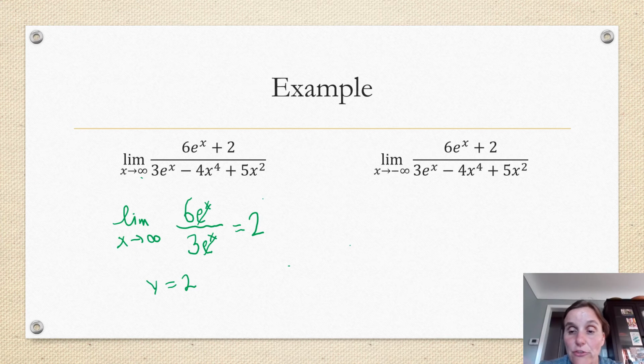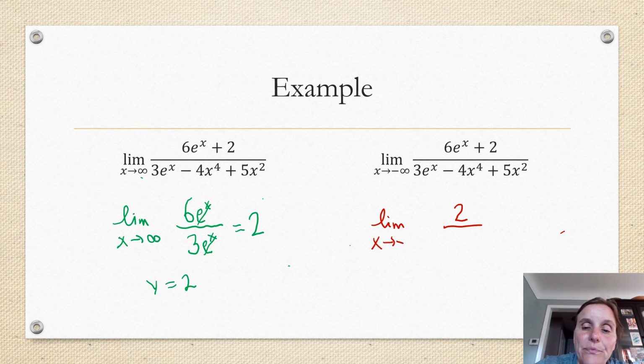Now I look at the other direction, so now x is going to negative infinity, and e to the x has almost zero impact on my y coordinate. So my dominant term in my numerator is 2. And in my denominator, my dominant term is going to be negative 4x to the 4th, because that's my largest exponent, and my exponential is having almost no impact.